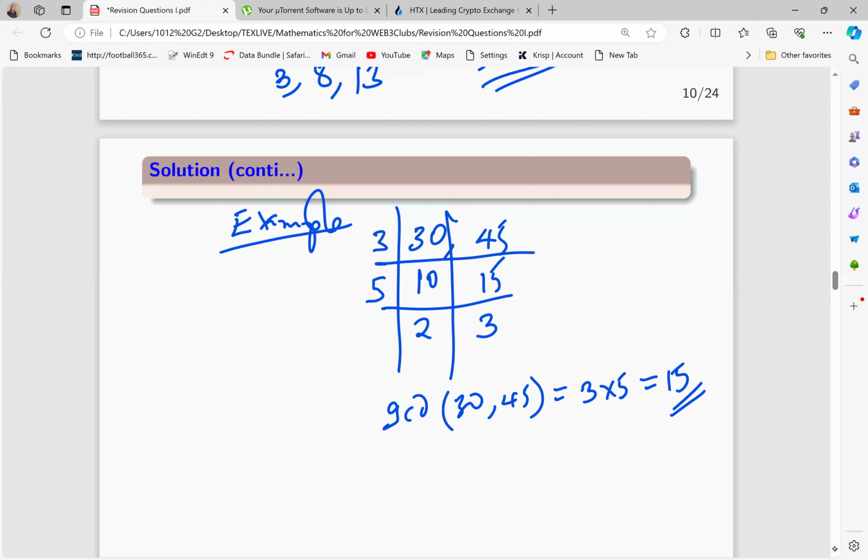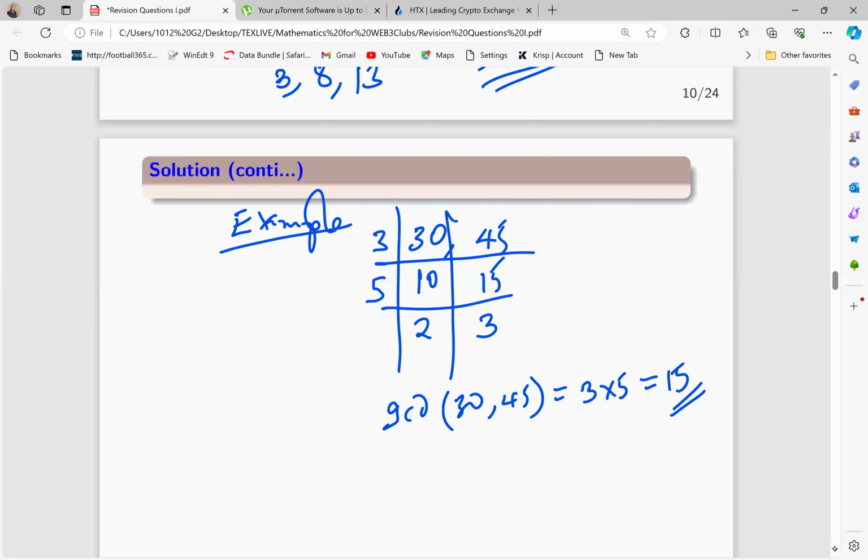Is that okay? So with that method, you are only looking at the common factors, and you are using prime numbers to do the division. So you are only to divide by prime numbers. You can say it began with 3, then 5. But now, what we are doing is using the Euclid's algorithm.